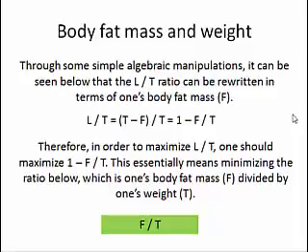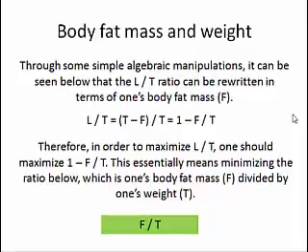So what we want to do, to find our optimal weight, is to minimize the ratio of body fat mass and total weight. Now, this is something that most empirical research suggests.